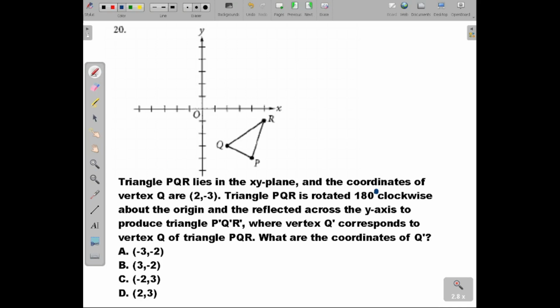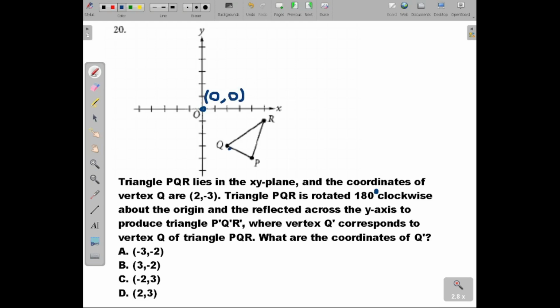Number 20. Triangle PQR lies in the XY plane and the coordinates of the vertex Q are 2, negative 3. Triangle PQR is rotated 180 degrees clockwise about the origin. The origin means the center, the coordinates 0, 0 for x and y.